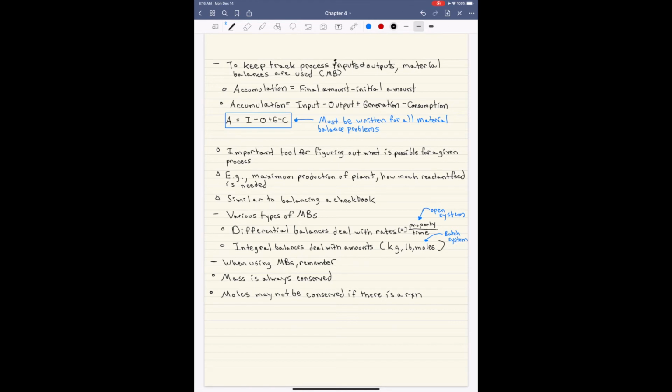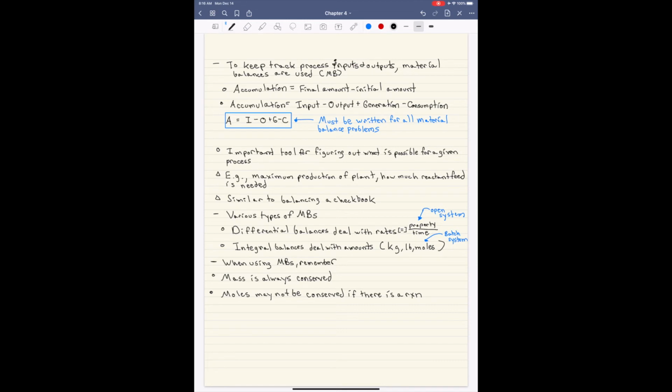And so the number of moles decreases, but if you looked at it from a mass basis, the kilograms of reactant going into the process has to be equal to the kilograms of product leaving, right? So those are the two main things you should always remember: mass is always conserved, but moles may not be strictly conserved.